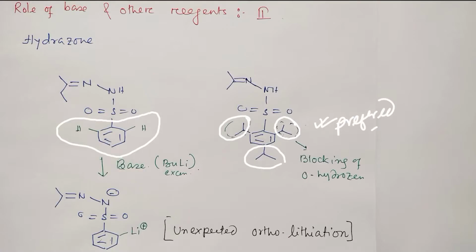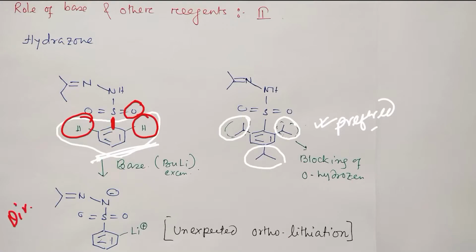Why? The question is, just look at these two molecules. In case of this benzene derivative, simple and unsubstituted, there are two ortho hydrogens, and we know that when such a group is attached, for example where one position is attached to an electronegative atom that has some facility of coordination, like in this case oxygen, directed ortholithiation is possible.